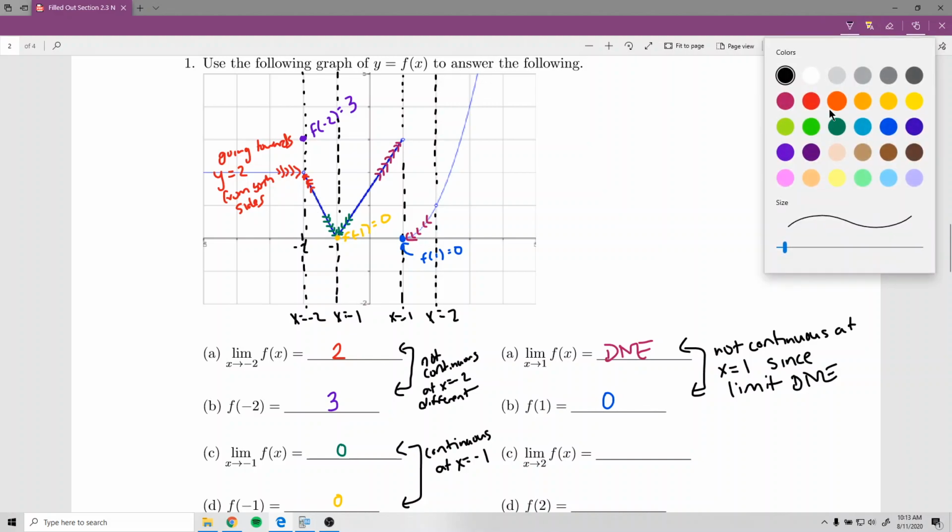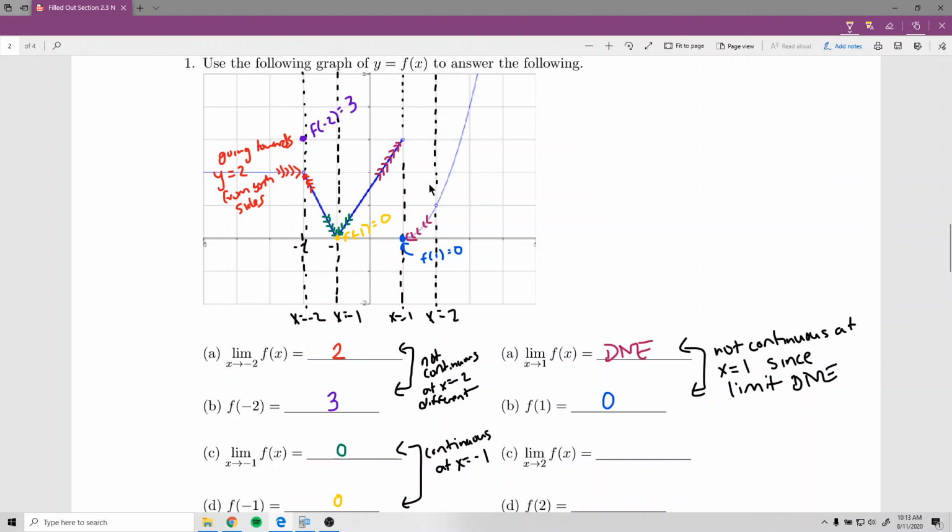All right, but if we look at the limit going towards x equals 2, we see that that does exist. If we're going towards 2 from the left and 2 from the right, we're going towards y equals 1 both ways. But what you want to notice here is that we have a hole and we don't have any filled in circles above or below, which means f of 2 is DNE.